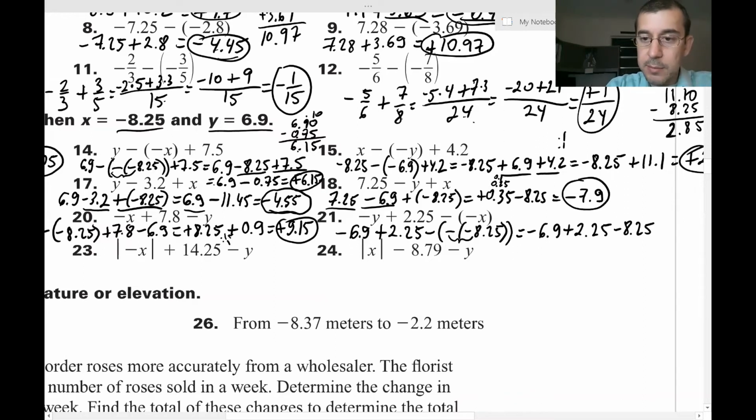Let's add up these two numbers because they have 0.25. So it's going to be easier. Which one is greater, 8 or 2? 8 is greater, so it's going to be minus. 8.25 minus 2.25 is 6. And then we have two negative numbers we're adding up, so minus, and then 6 and 6 is 12, 12.9. So 12.9 is the answer to 21.